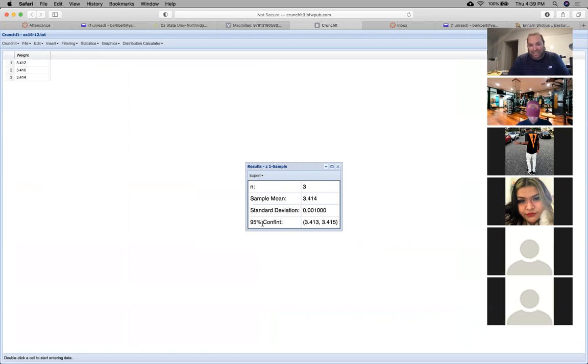Sure, but I'm 95% confident it's between 3.413 and 3.415. That's what a confidence interval is: how confident you are that you caught it. Now, if I want to be more confident that I caught it, just make the interval bigger. The bigger the interval, the more likely it is that you caught it.